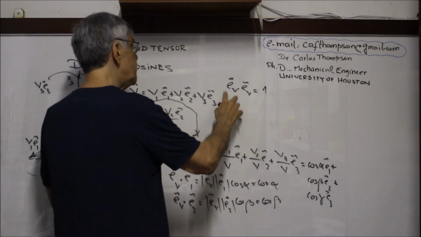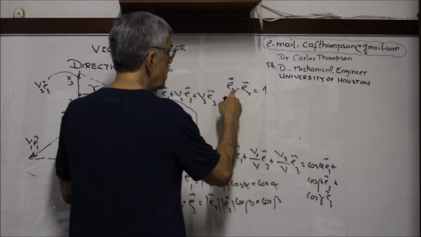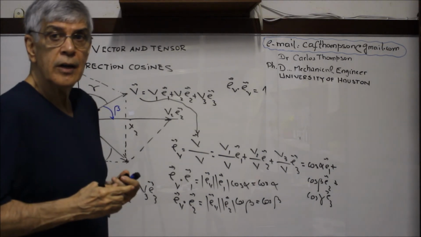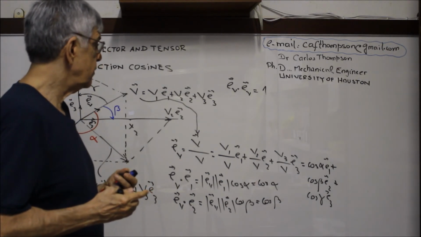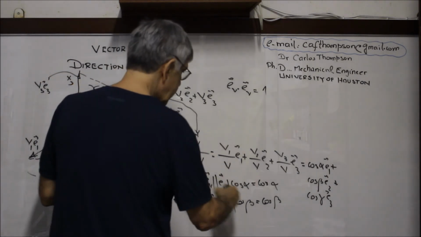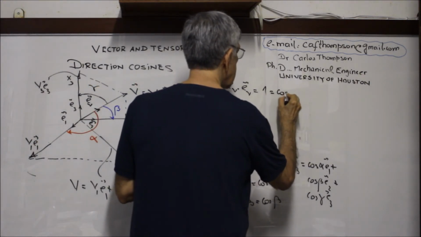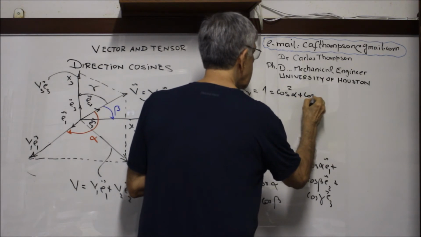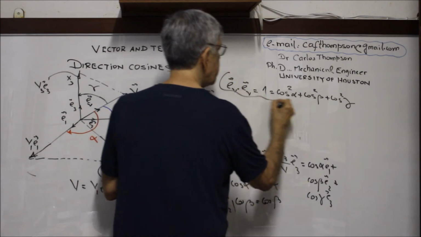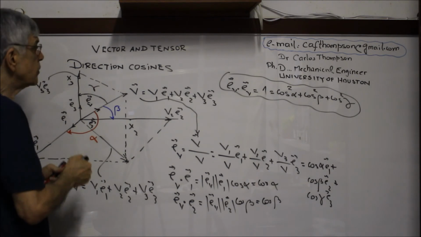Because the magnitude of EV is 1, 1 times 1 is 1, and the angle between EV and EV itself is 0. So then I can write EV dot EV as cosine square of alpha plus cosine square of beta plus cosine square of gamma. See, there's a very important relationship that we call direction cosine.